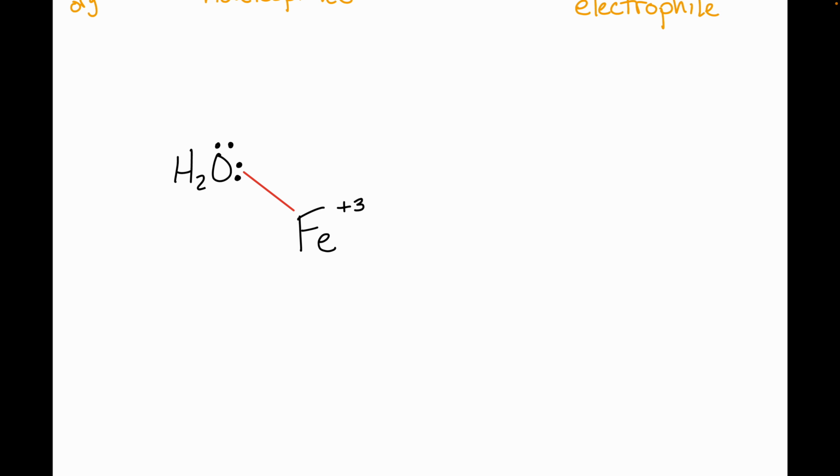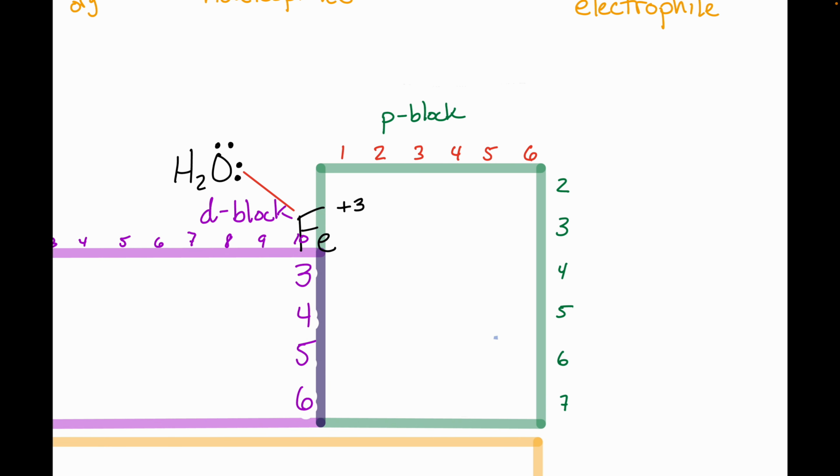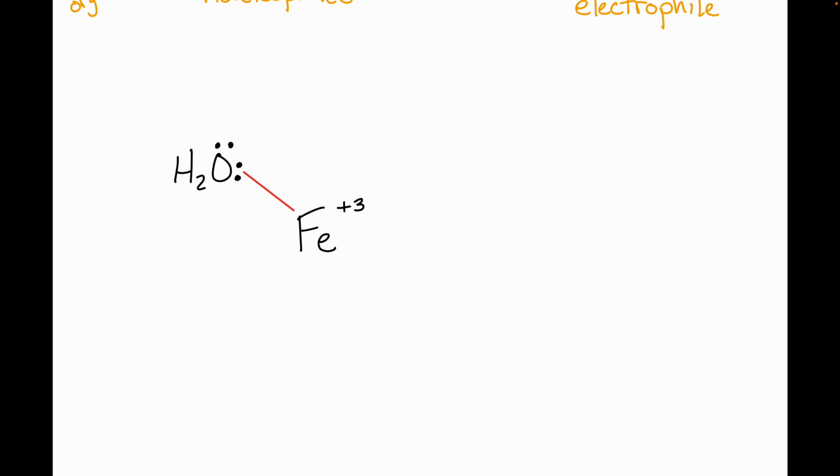And it turns out you don't just get one water molecule that forms such a bond, you get a few of them. Another water molecule, again, has its lone pair that will reach out and form a new bond with this iron ion. We're going to make 4.